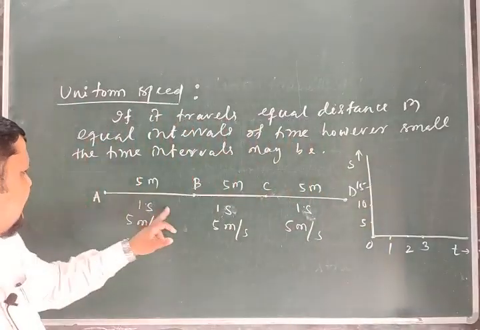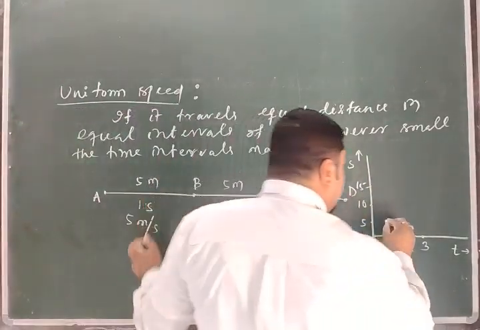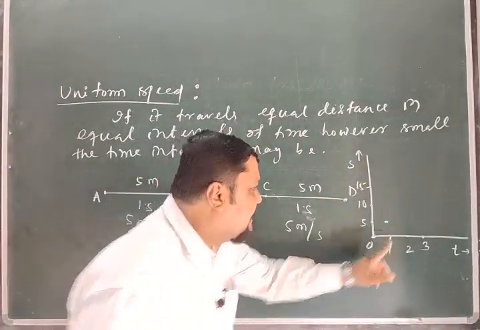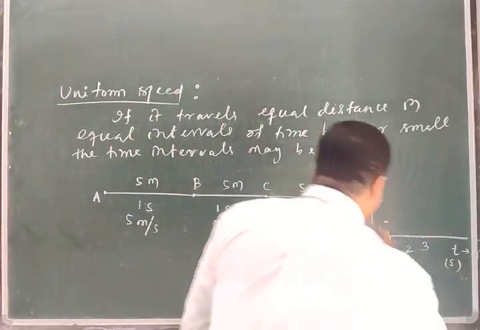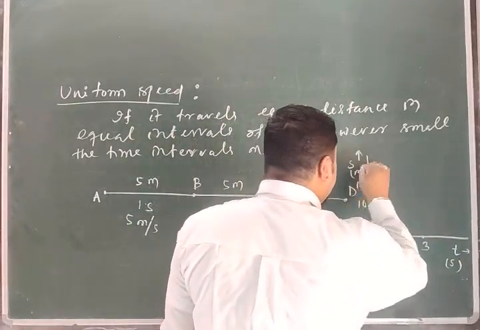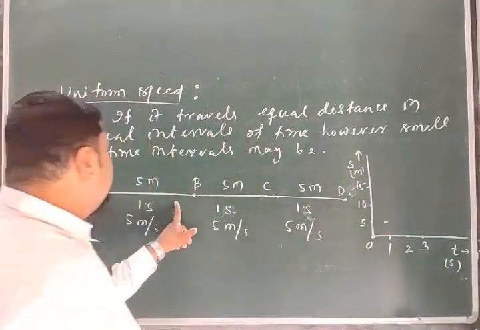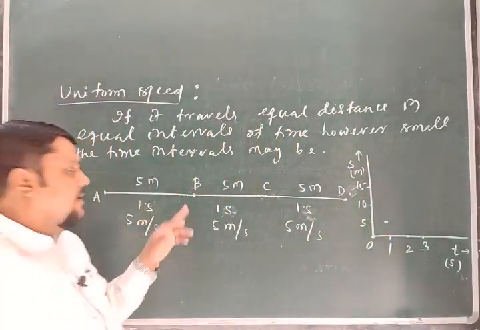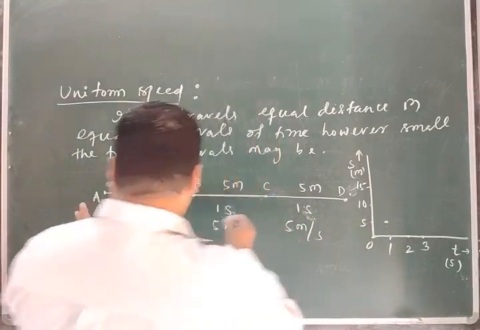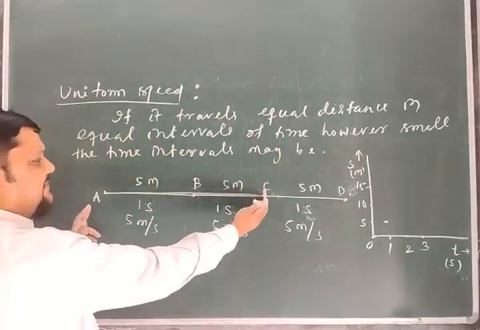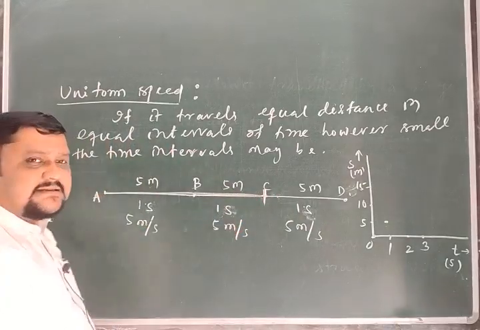So at 1 second, it has traveled a distance of 5 meters. So it goes to this point. Here the time is in seconds, and the distance is in meters. Clear? So in 1 second it reaches B, so the distance is 5 meter. From A to C, the total time taken is 2 seconds, and the total distance is 10.